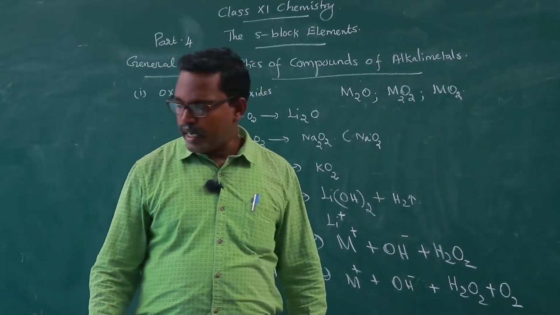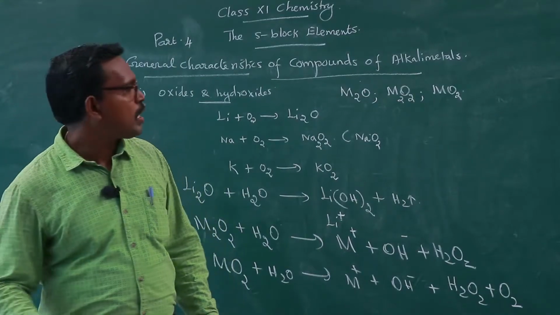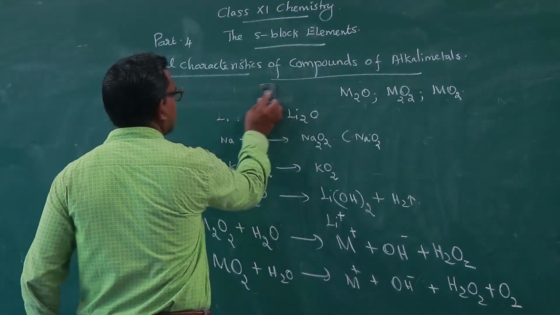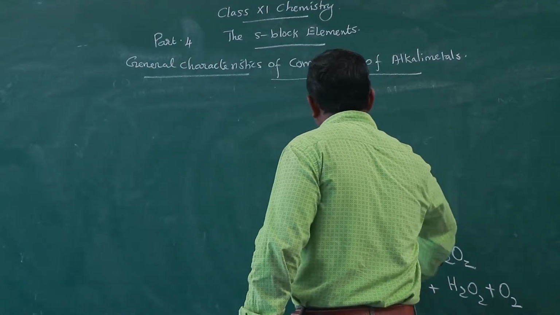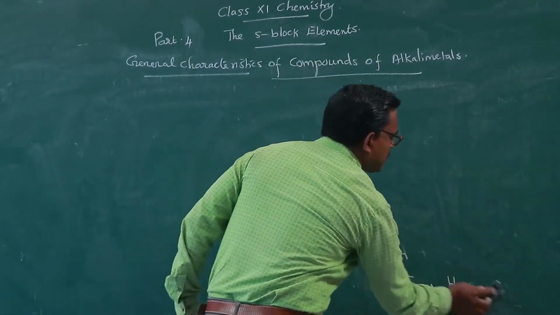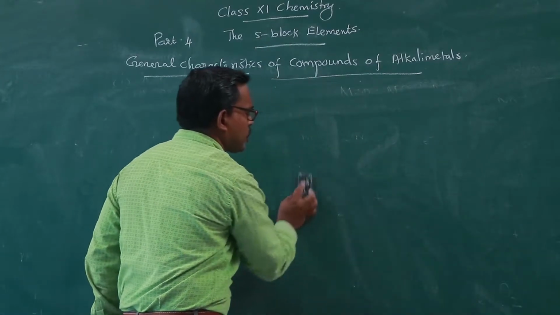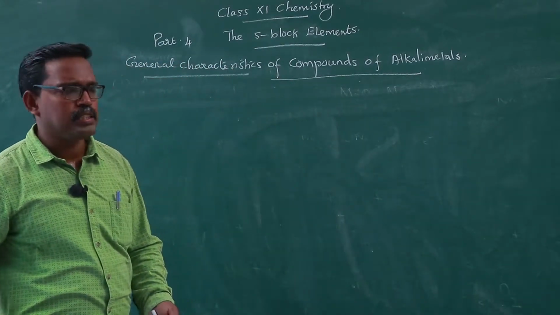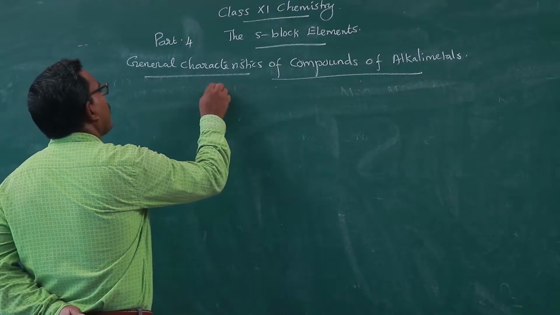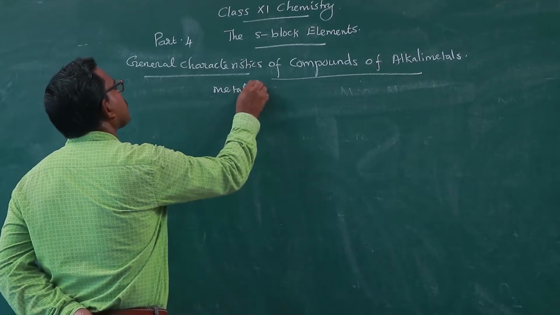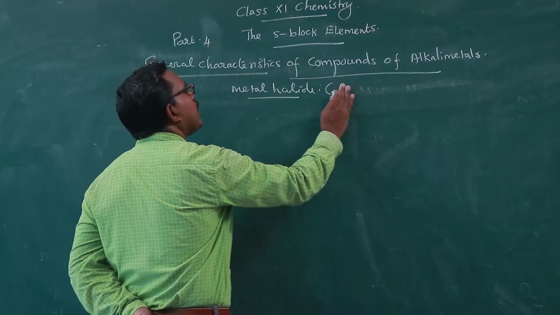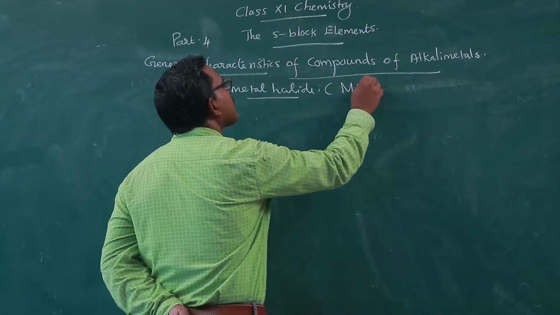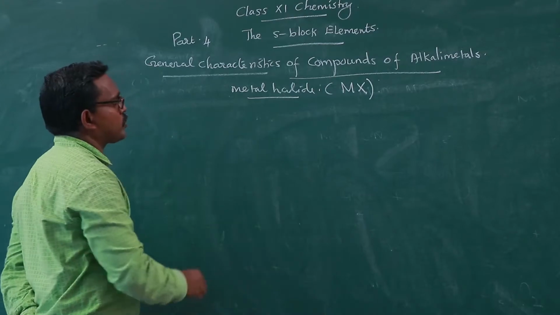The next category of compounds are halides, metal halides. The alkali metals readily react with the halogens, group number 17, to give metal halides, that is alkali metal halides, generally represented as MX.